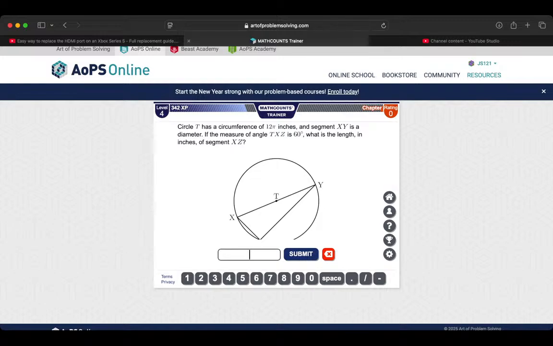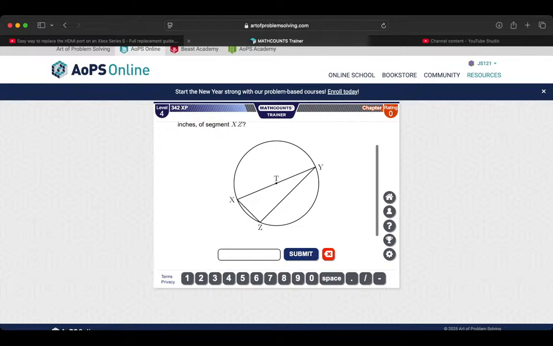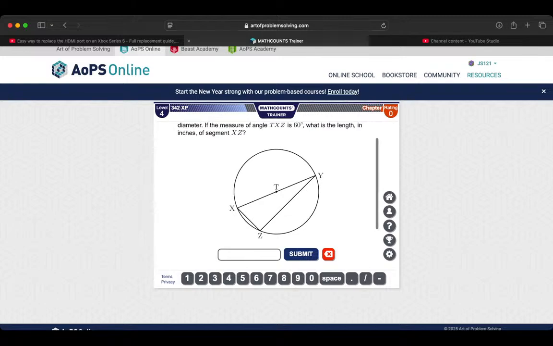If it was 90, that would be impossible if it was 90. Actually, no, wait. Hold up. If it was over here, it would be 40. If it was here, it would be like 45.